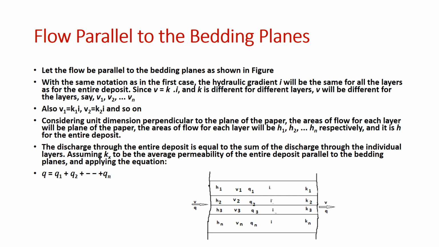In this case, we know that V is equal to k i, with the same i. So V1 is k1 i, V2 is k2 i, and so on.